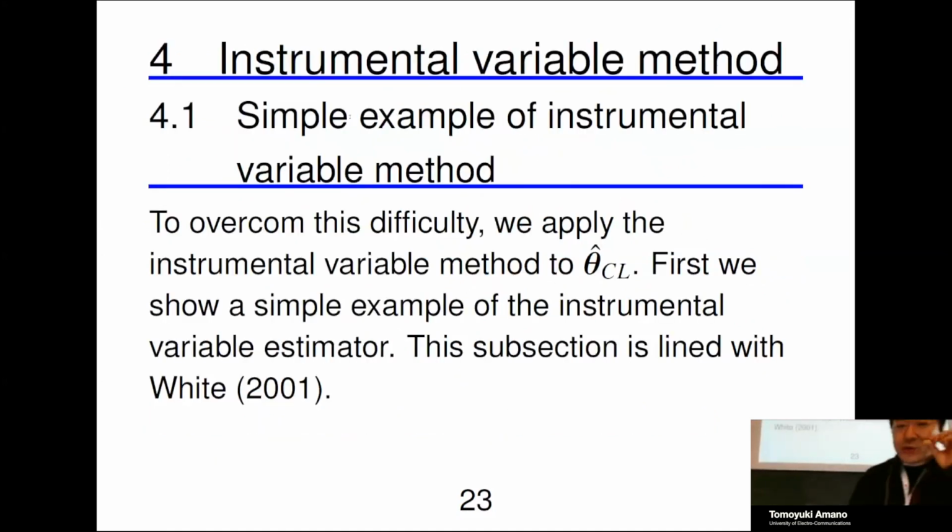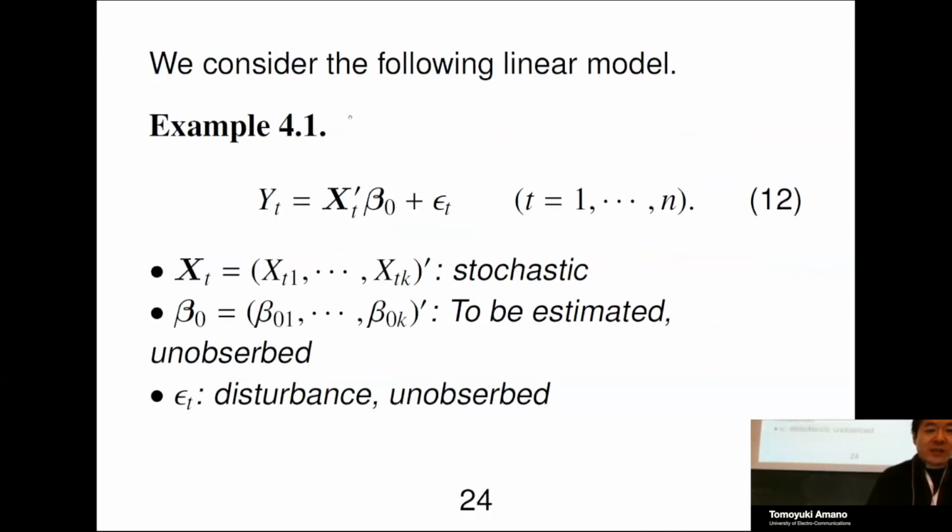So we use the instrument variable method. First, we give a simple example. yt follows a linear model, where xt is a random vector, beta 0 is the parameter and epsilon t is the disturbance.